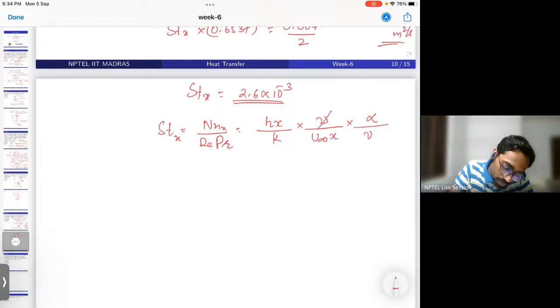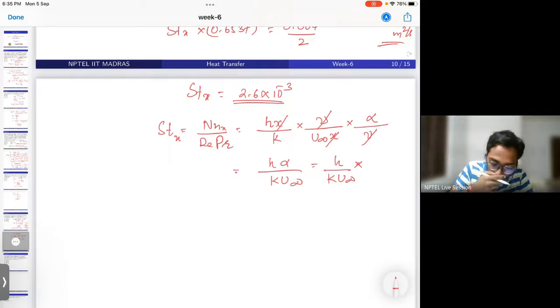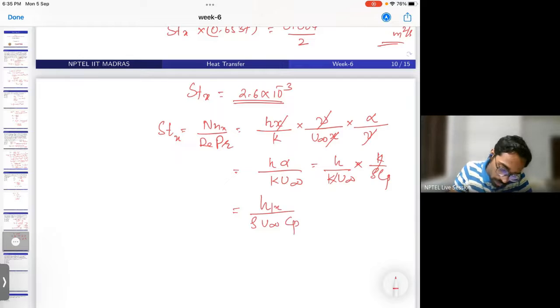So this is cancelled. This is cancelled. So it becomes h alpha divided by k u infinity. Alpha is k divided by rho cp. This is cancelled. It becomes h at x divided by rho u infinity cp. This we got as 2.6 into 10 raised to minus 3.